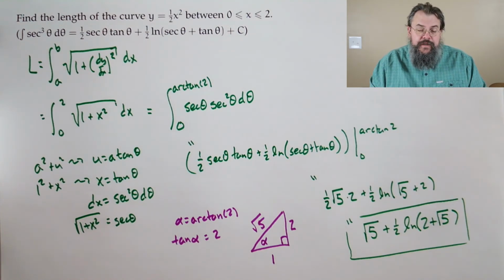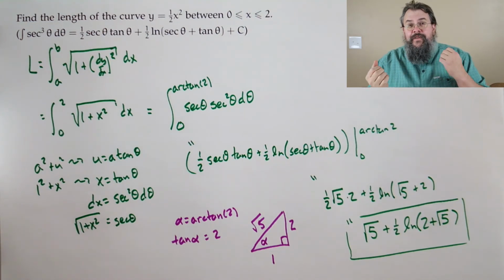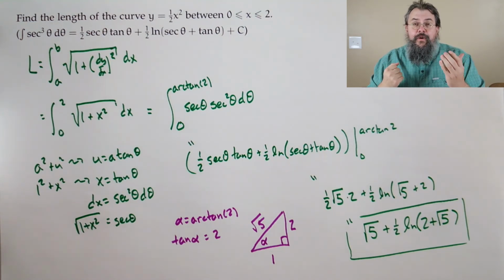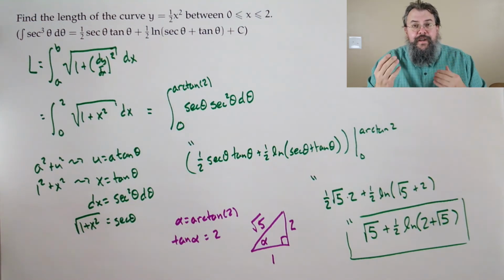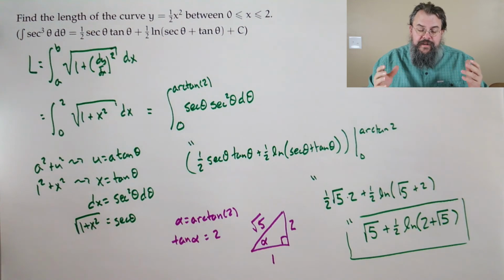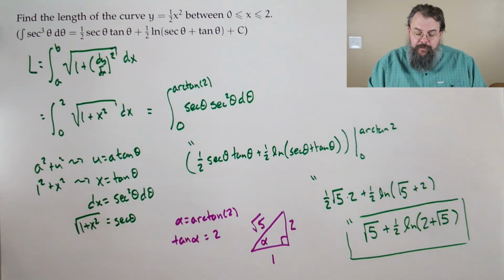So there's always a trade-off. You have to pay a price at some time when you talk about arc length. Either you have to have a very complicated function at the start so that you get a simple integral later on, or you can have a simple function at the start, but you'll get a complicated integral. But in the end, we have the tools, and we can make progress on a lot of these problems.